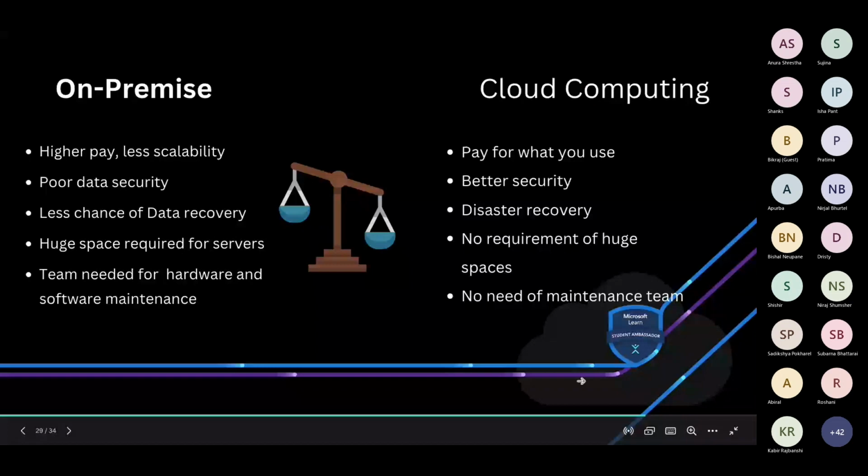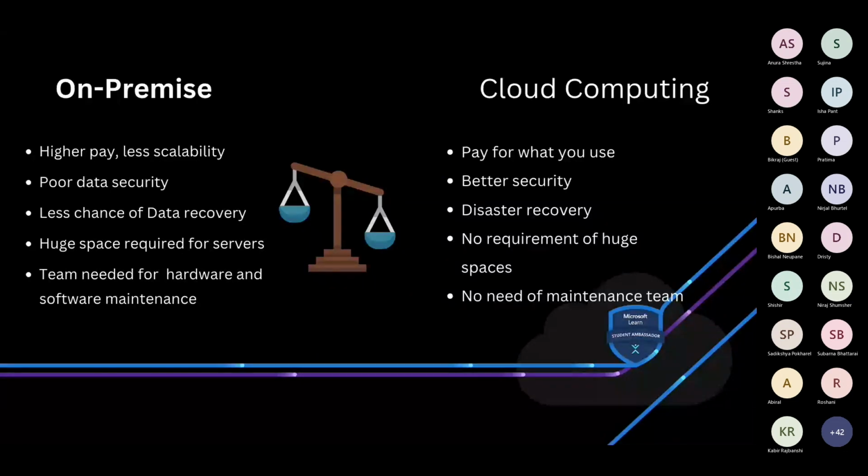Even if you have accidentally deleted files, or files are corrupted, there is a faster recovery with less monetary value going in. So that is the aspect of data recovery.